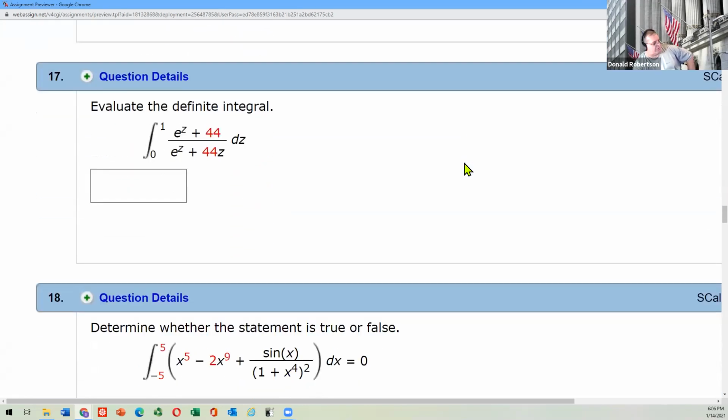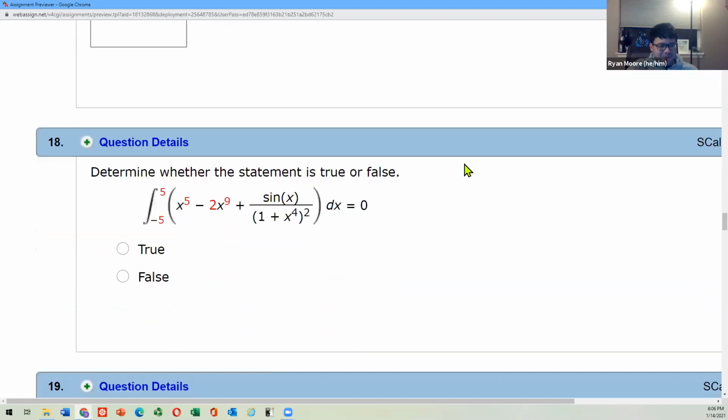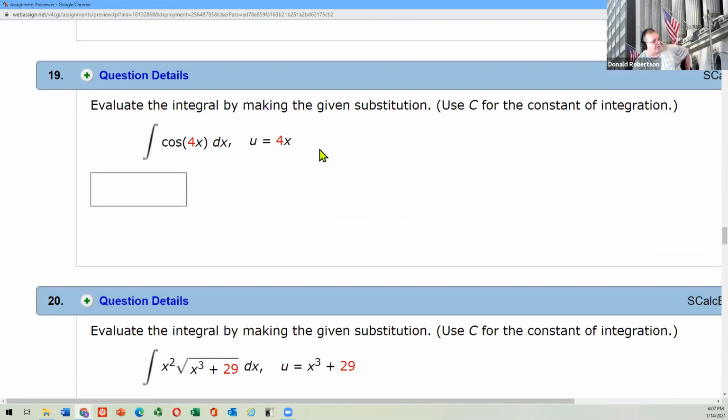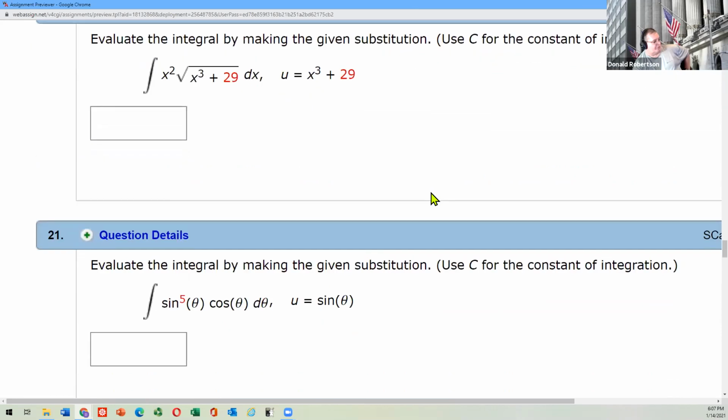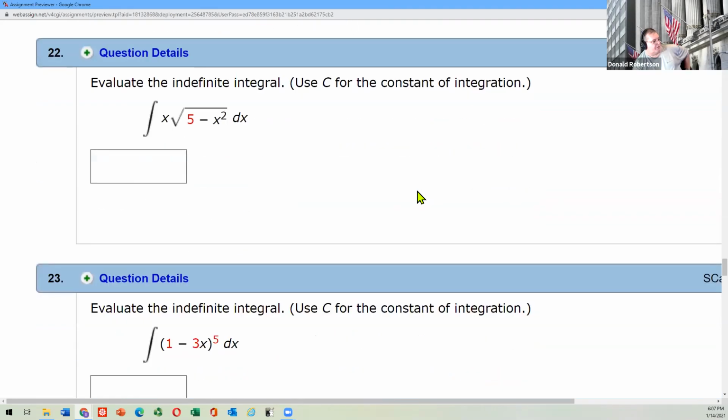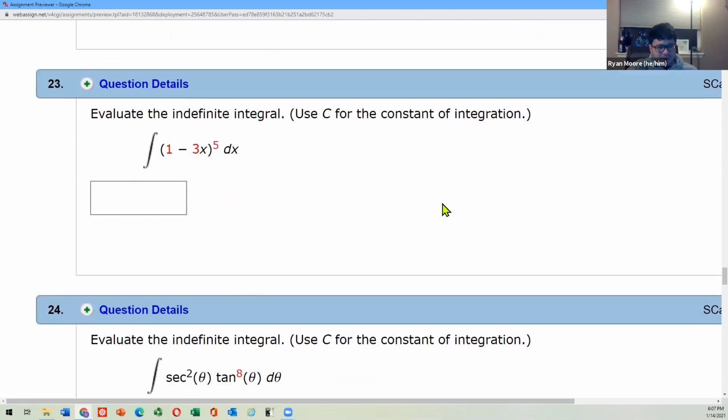Correct. 17? The bottom half. That's the best way to say it. Agreed. Oh, that one's told to you. That one's told to you. That one's told to you. Okay, here's one that's not told to you. What's 22? Five minus x squared. I think we're getting good at these.